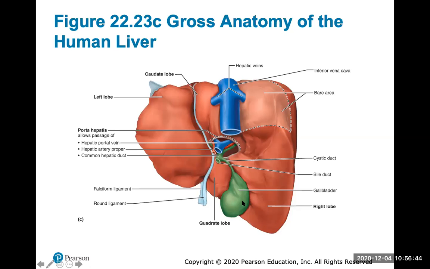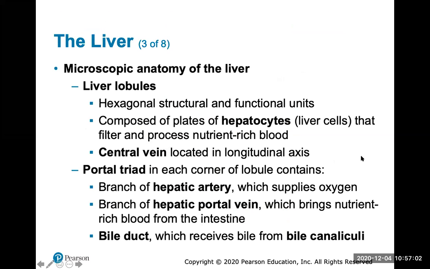The gallbladder is connected to the cystic duct, and then the common hepatic duct is what will travel into the different lobes of the liver. And then the bile duct, also known as the common bile duct, is the connection of the common hepatic duct with the cystic duct.